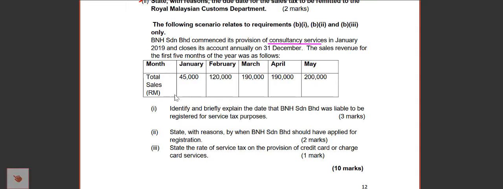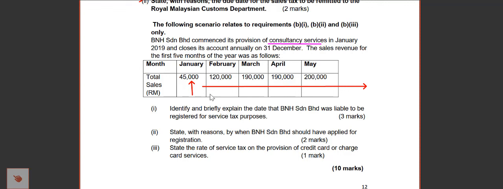So, if you're in January itself, if your prospective sales of January and the next 11 months is going to exceed 500,000, then actually January itself you have to register, because there's no historical sales yet. You just started, so you only have prospective sales.